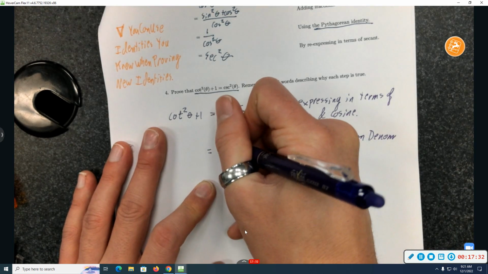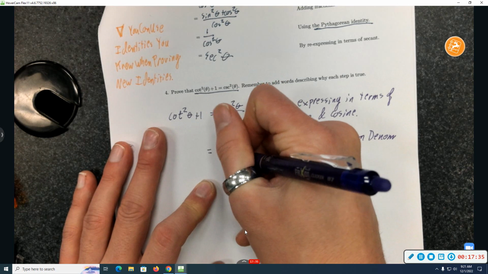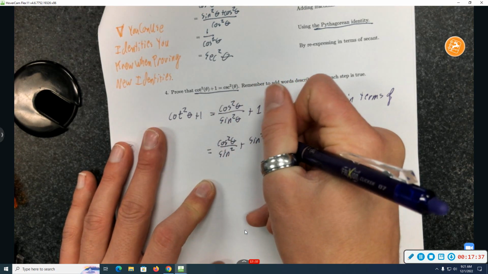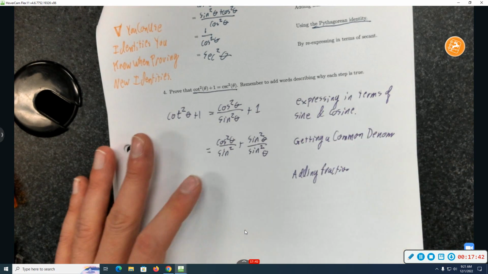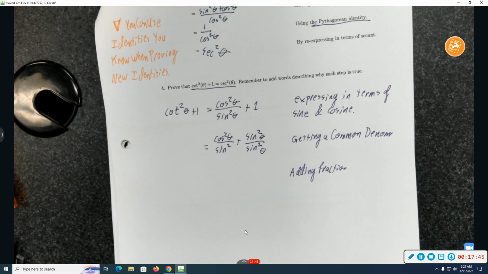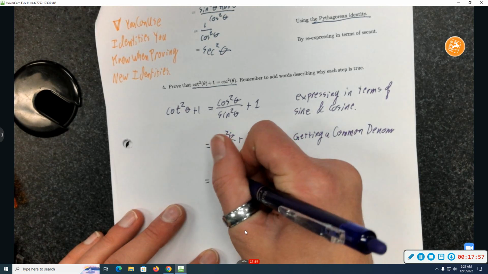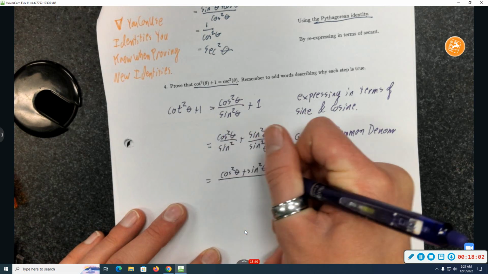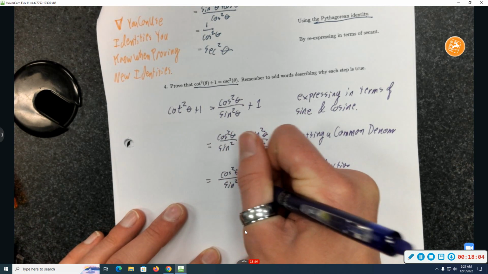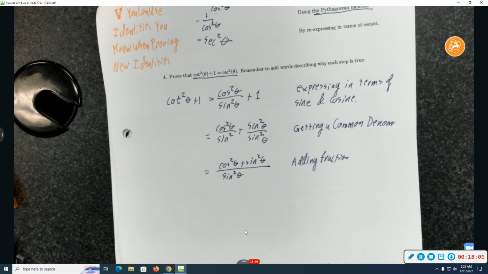It looks like I'll get cosine squared over sine squared plus sine squared over sine squared, because I want a common denominator, so it better be sine squared. And now you add these fractions. What do you get when you add them up? Nice. All right, what next?